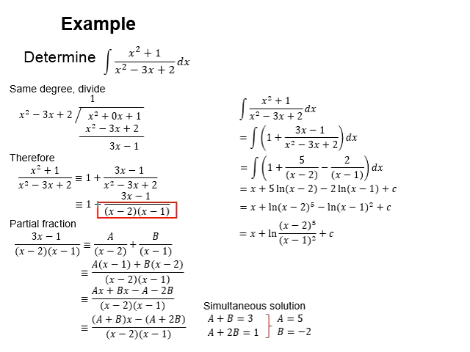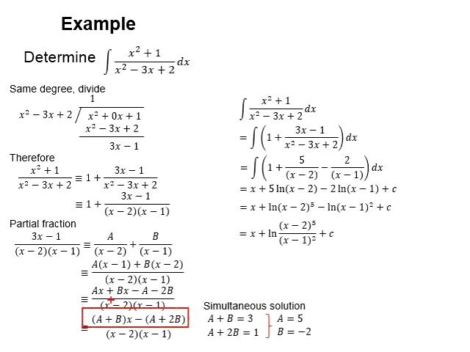Because there are 2 factors there, this can be separated into 2 partial fractions in terms of a and b. Multiply by the factors of the other partial fraction. You will get this. Expand it and group them in terms of x and the constant number.